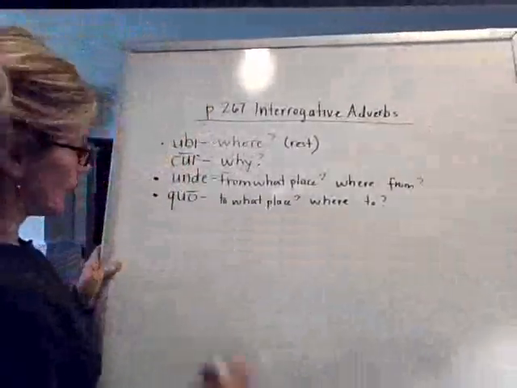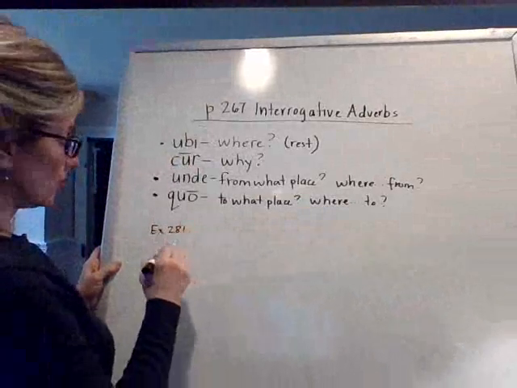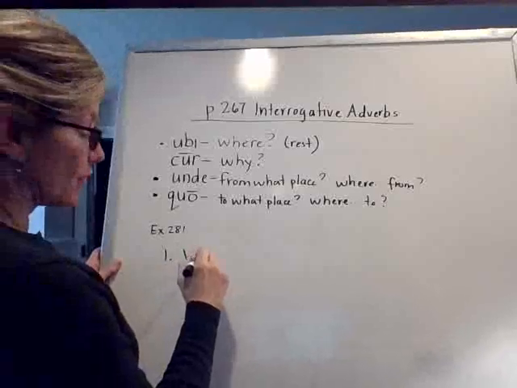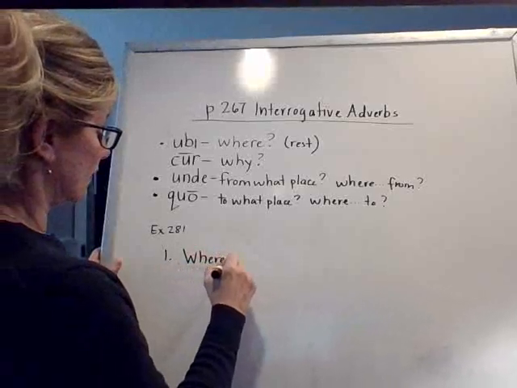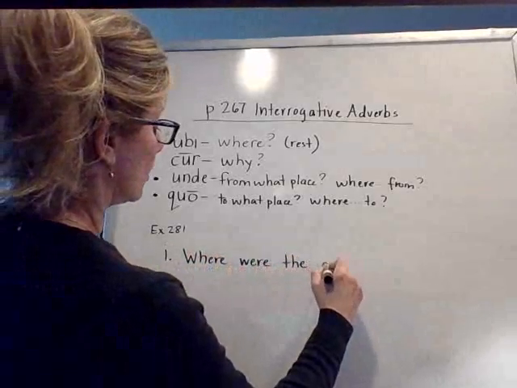Now I'll do one example for you of English to Latin. This will be from exercise 281, and we'll just do number 1. It says, where were the guards?